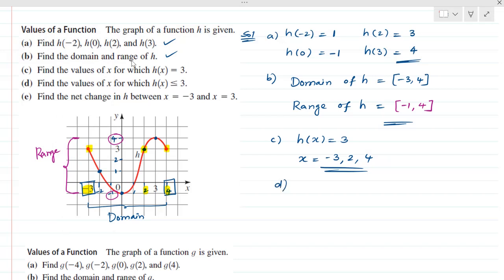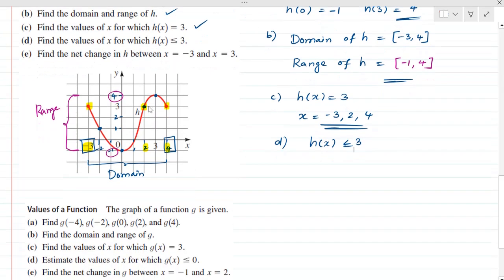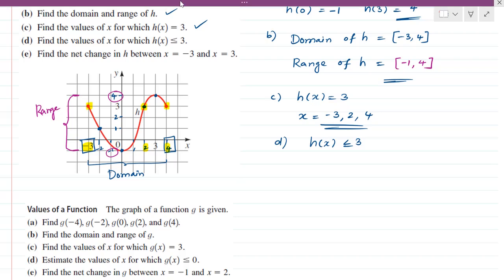So the third one: h of x must be less than or equal to 3. Equal means 3 is included. We will take the same graph here. So this is the 3 value, and I will take this part.